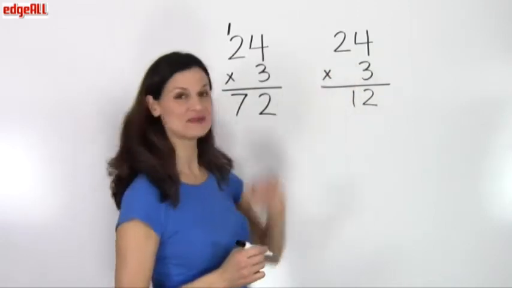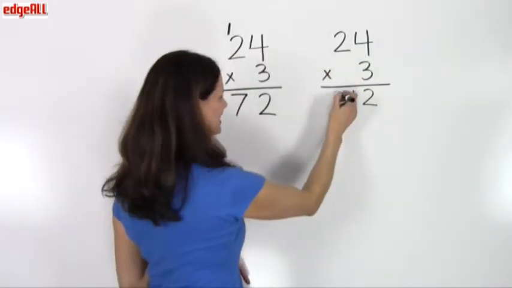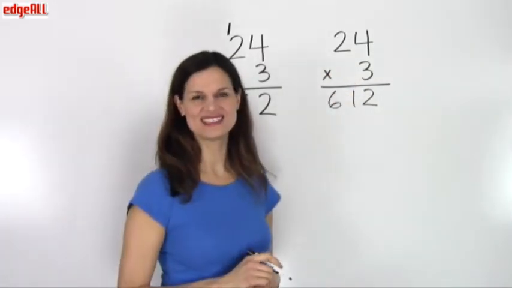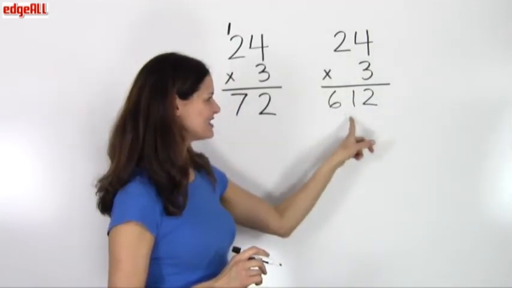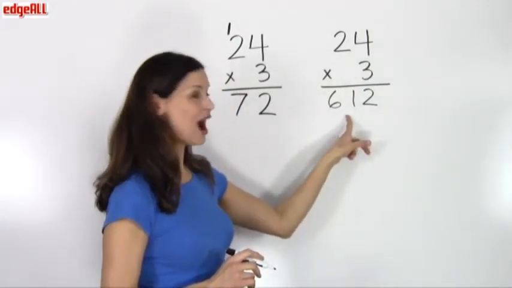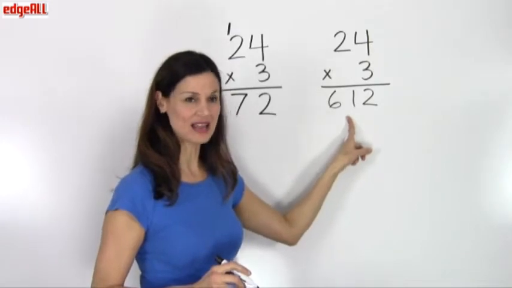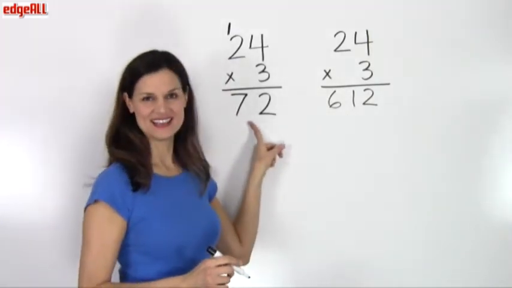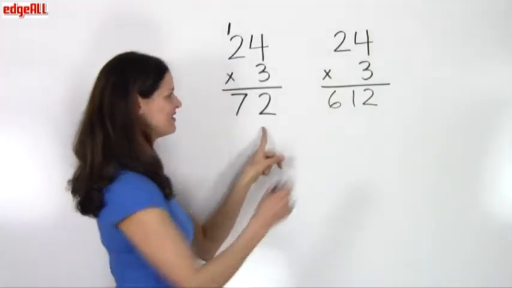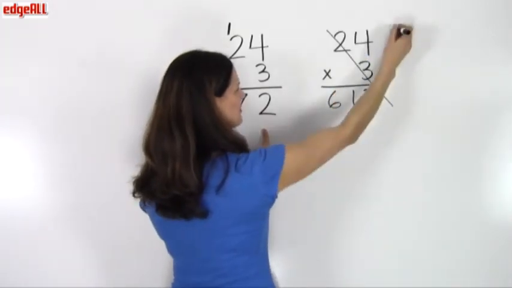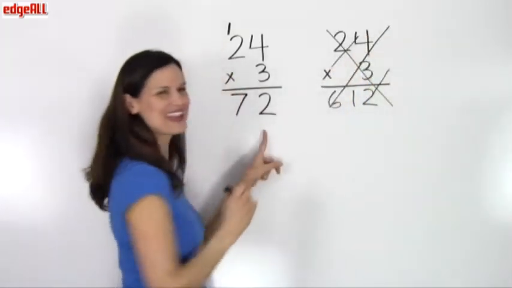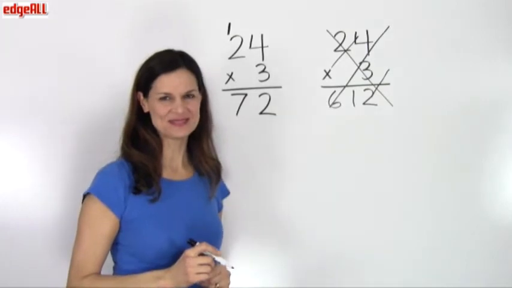And then I said, oh, 3 times 2 equals 6, and I wrote my answer here, 6. You can see that the answer that I get from not regrouping and doing this problem wrong is very different than the correct answer of 72. So we don't want to do our problems like this. We don't want to forget to regroup.